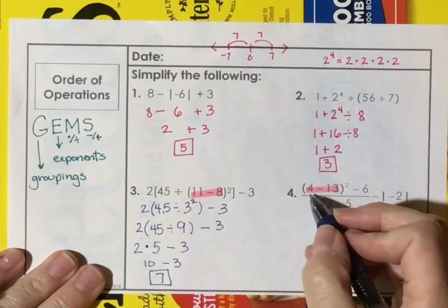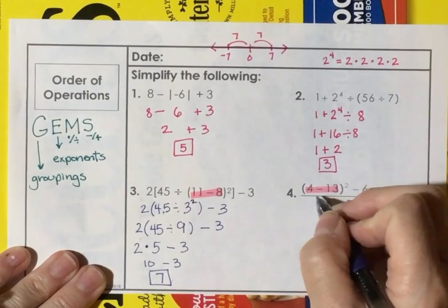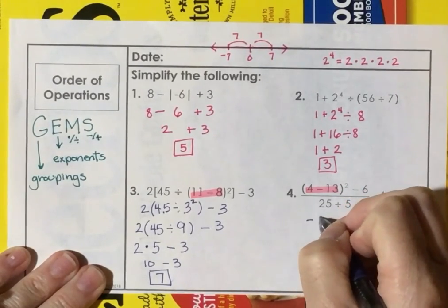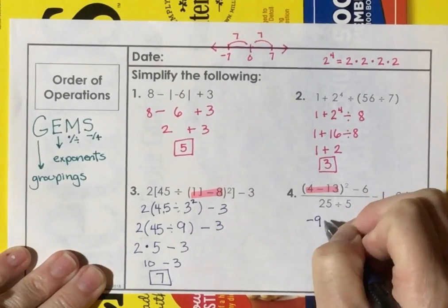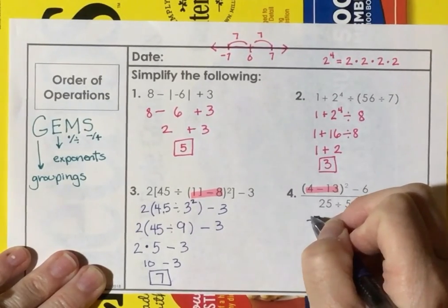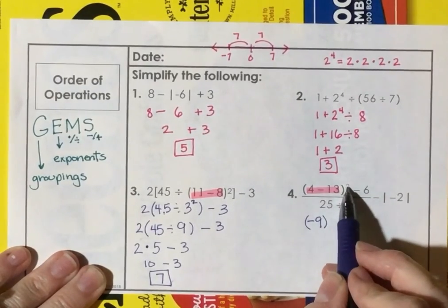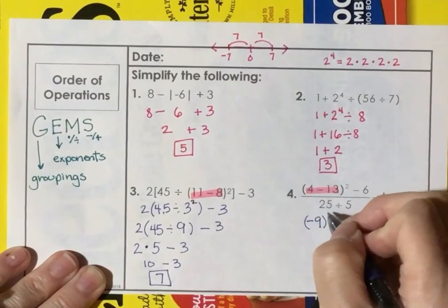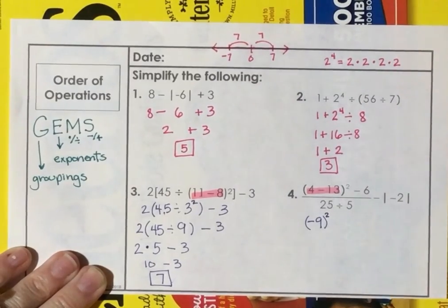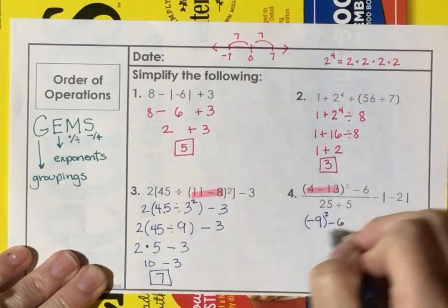So 4 minus 13, we have more negatives than positives, and it looks like we have 9 more negatives. So negative 9, and all of this is in parentheses. I'm going to keep that in parentheses to remind us that the whole thing needs to be multiplied by 2. It's not just the 9 being multiplied by 2. Minus 6.